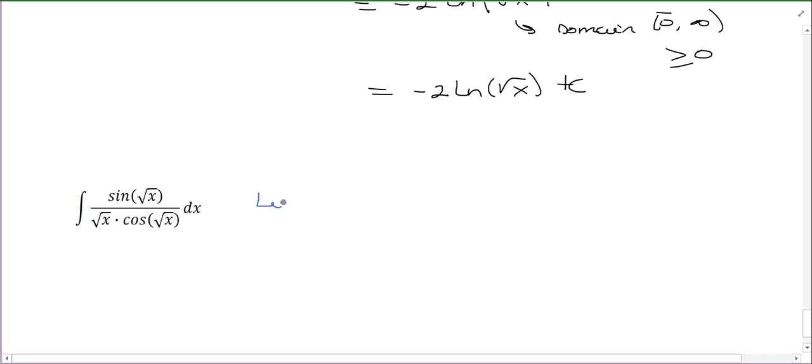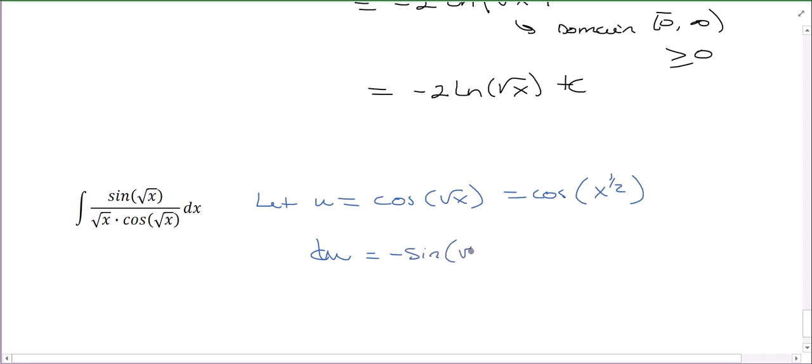So another thing that we can do here then is let u be cosine of the square root of x, right, which is cosine of x to the 1/2. And so this is a little bit bolder substitution because I'm taking a chain rule in there. So when I take du, the derivative of cosine is negative sine of the stuff, and then by chain rule times the derivative of the stuff.